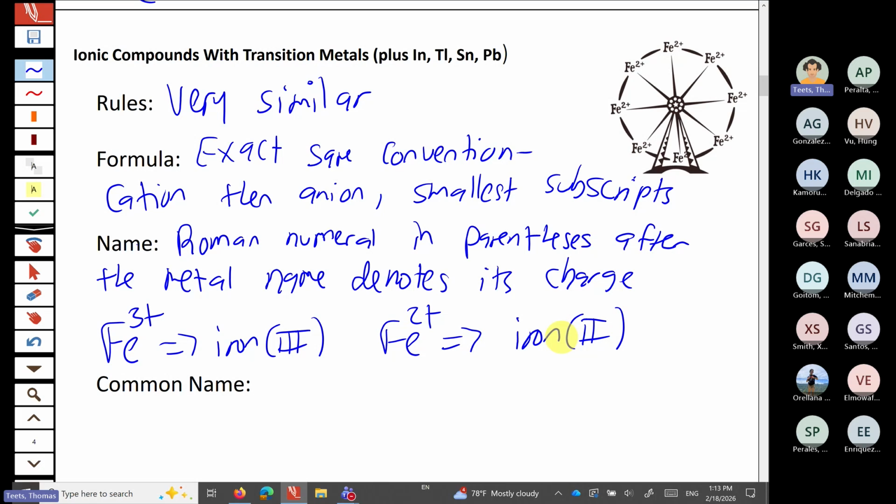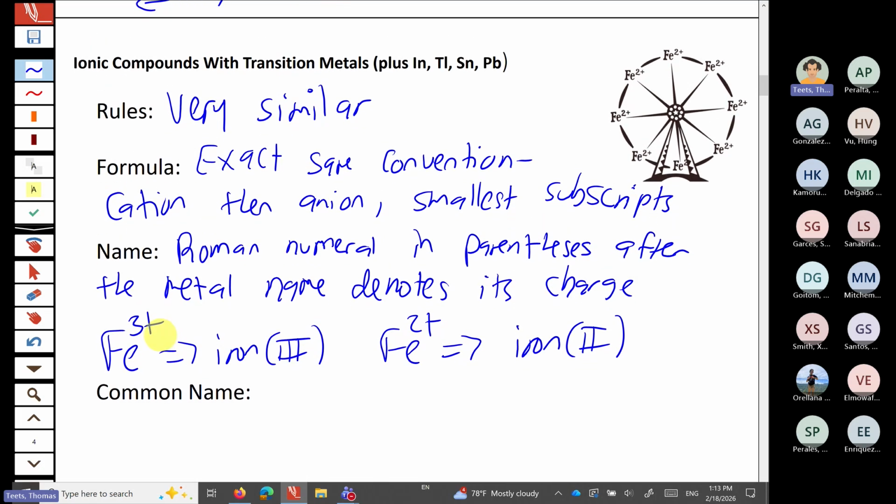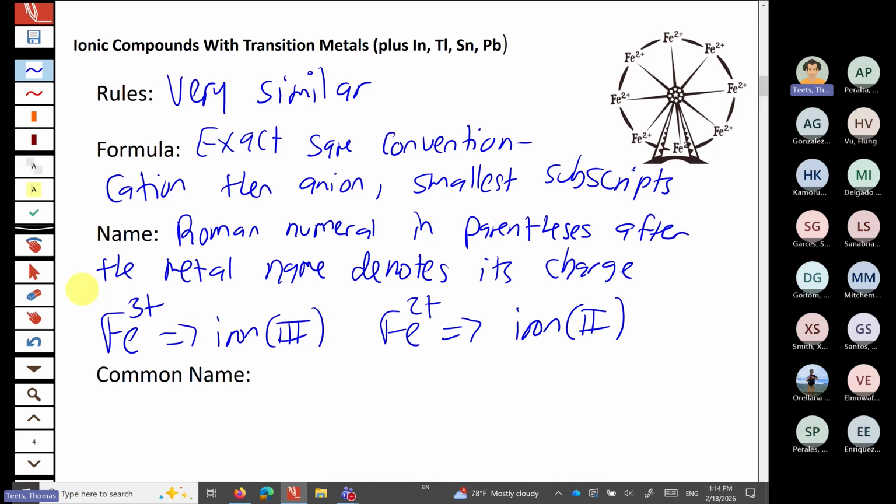Now, something that we won't necessarily test you on, but that I want you to be aware of just because you might read different sources about chemistry, or you'll see this in labs sometimes, and so I don't want it to be a totally foreign thing to you, is that there's some old school nomenclature out there that, again, is not going to be tested in this class, where we don't just use this Roman numeral convention.